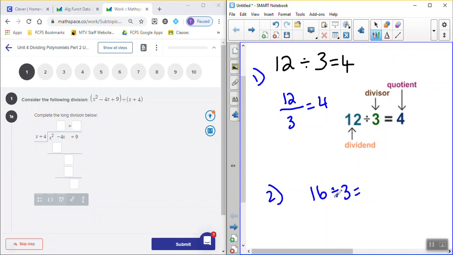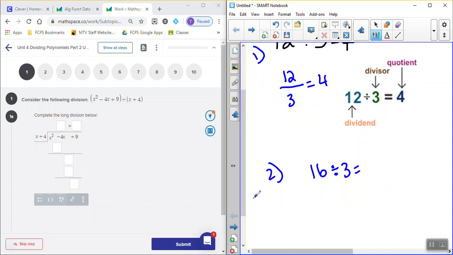Do you guys remember what it is whenever there's something left over in a division problem? We call it a remainder. So for example, 3 goes into 16 five times, because 3 times 5 is 15, and then you have a remainder of 1.